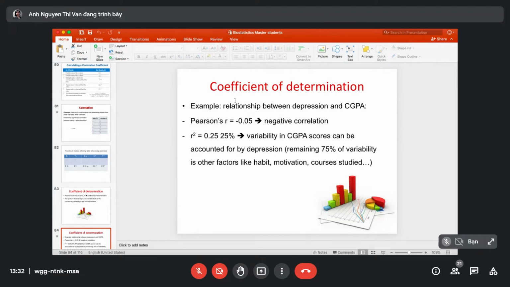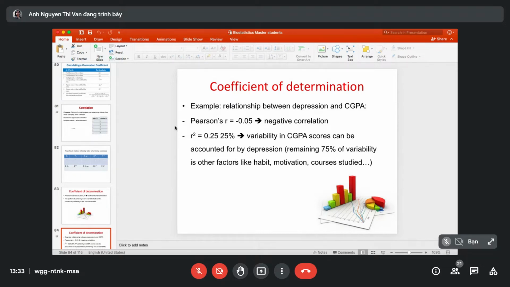And those are the 2 points that you can talk about from the Pearson R value: it is a negative correlation, and the correlation is very poor. So it's not really correlated. Even though when depression increases there is a decrease in GPA score, it's very poor.